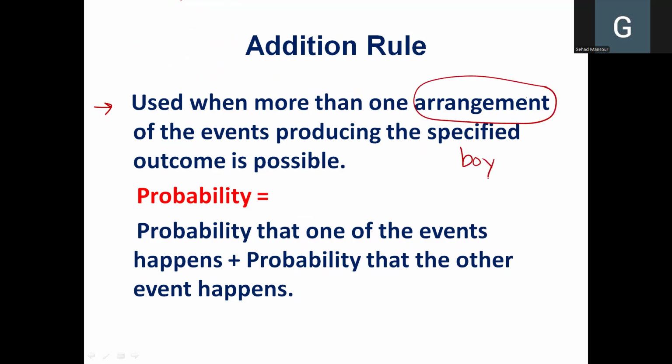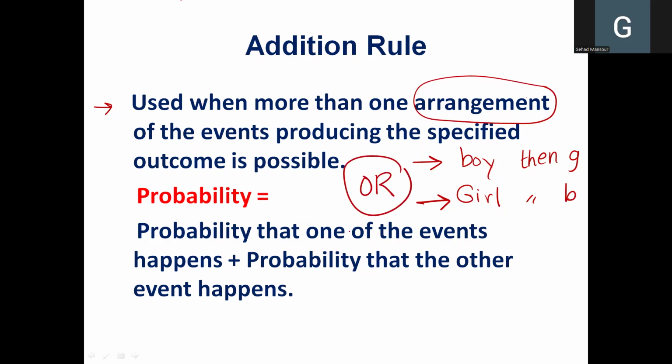So you can have a boy, then a girl, or you can start with a girl, then a boy. So this is the first arrangement. That is the second arrangement. And of course, you cannot have both arrangements in the same pregnancy and in the same childbirth. So there would, of course, be the relationship or.